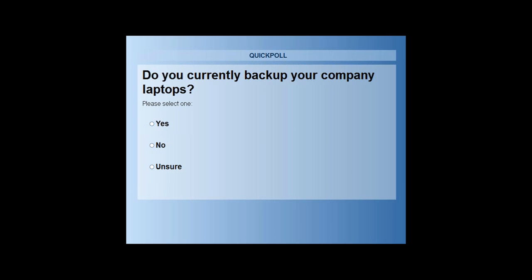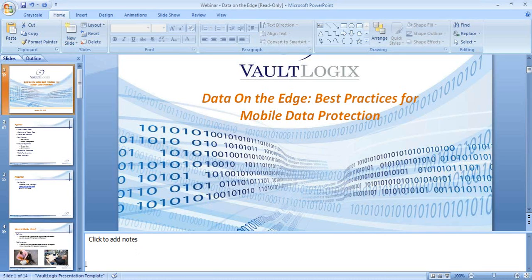Looks like a lot of people are coming up with primarily yes, which is good. I think this will be helpful when getting into best practices, which are not just necessarily backup, but data protection that's wrapped around multiple different things. So good, why don't we continue on?